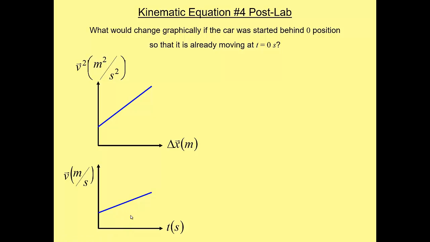Why? Because when it gets to 0 position and you start the clock, it now has a velocity. Remember that the slope of a velocity time graph is the acceleration, and the slope up here is 2 times the acceleration. That's what we just found. We just did that whole little lab extension to figure that part out. Well, this is the initial velocity. So guess what the y-intercept is on this graph up here?